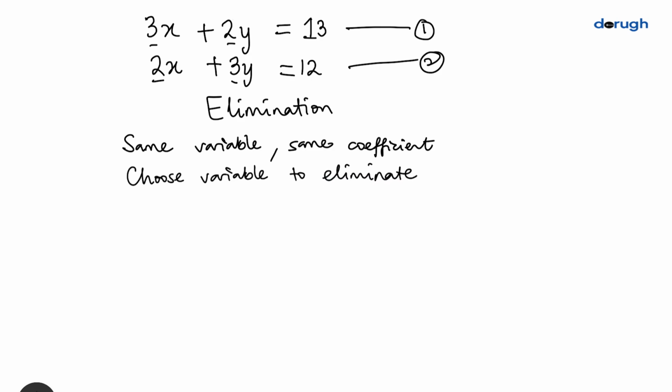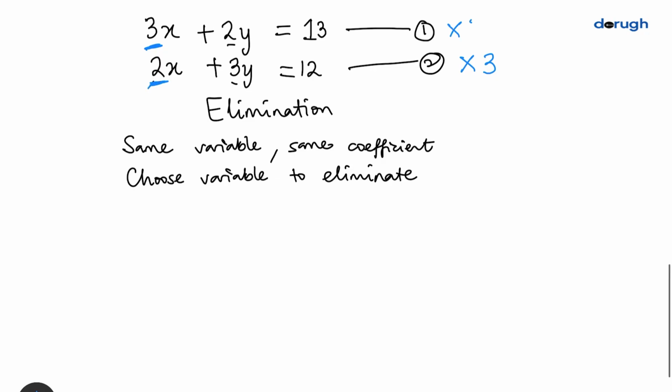So what we're going to do is take the coefficients of x and multiply them with the other equation. What does that mean? It means that we'll take this 3 here and multiply it in the second equation, and we'll take this 2 and multiply it in the first equation.